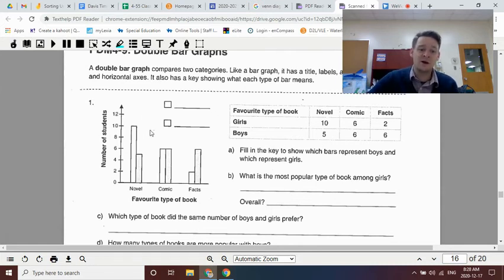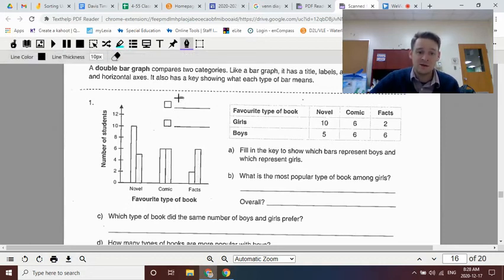So when you're doing a double bar graph, you need to have a key that tells you which bar belongs to which category. So you need to label your key in this question. So I'm going to say girls and boys. And then you need to choose a color.